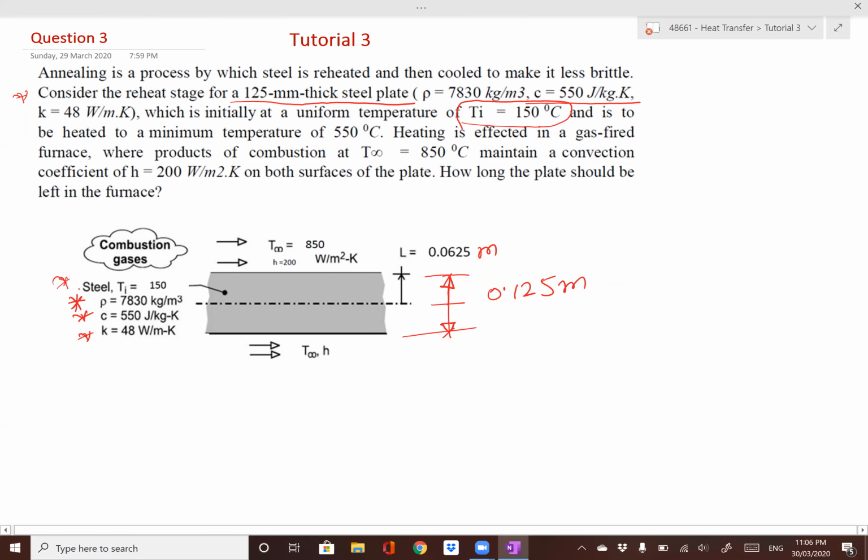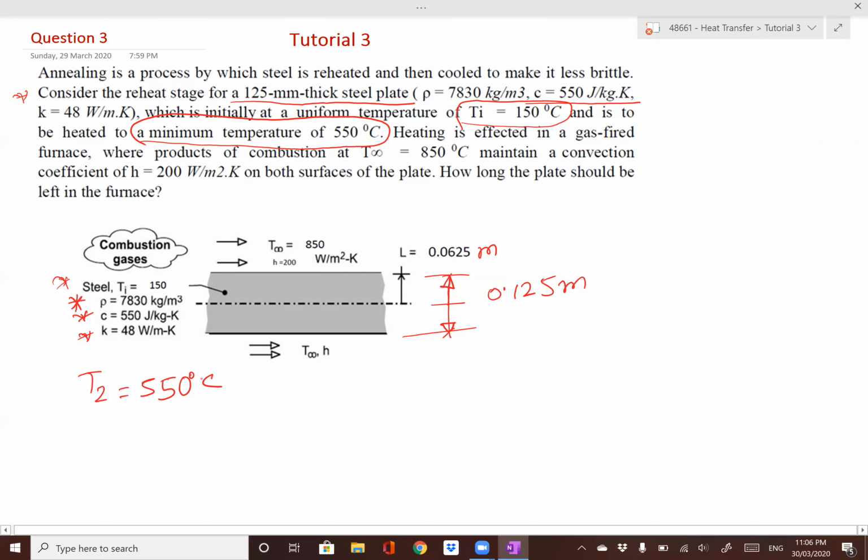and it is to be heated to a minimum temperature. So this minimum heated temperature, say T2, is given 550 degrees Celsius.